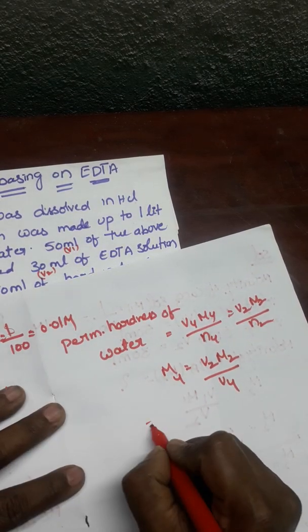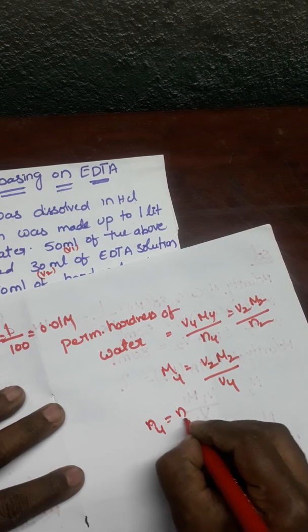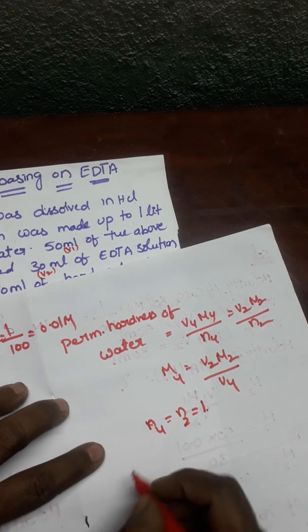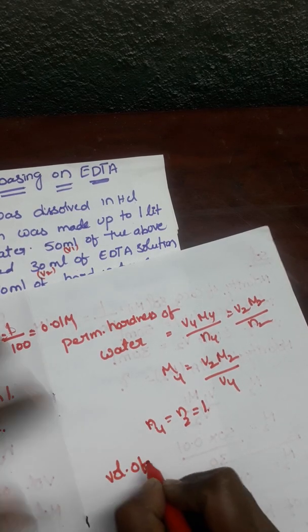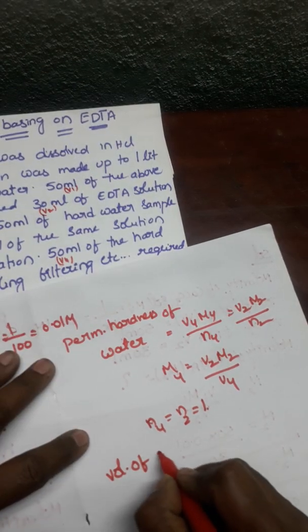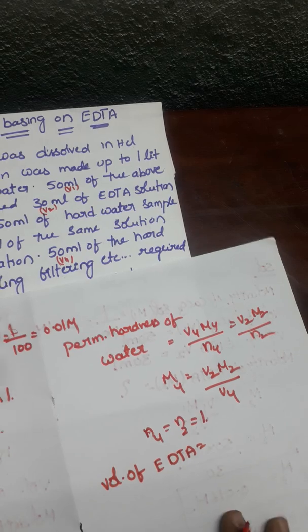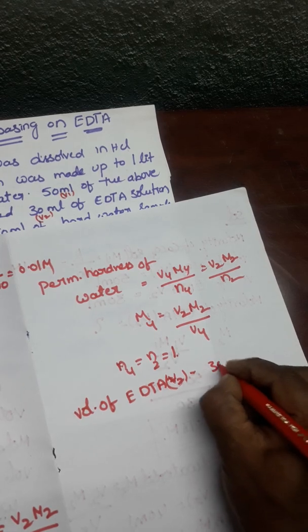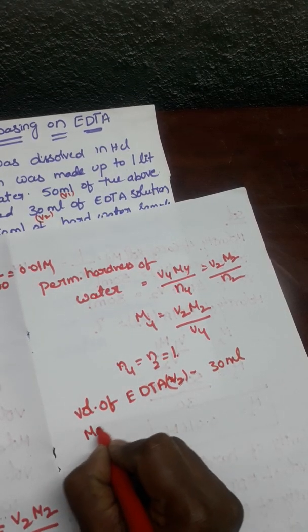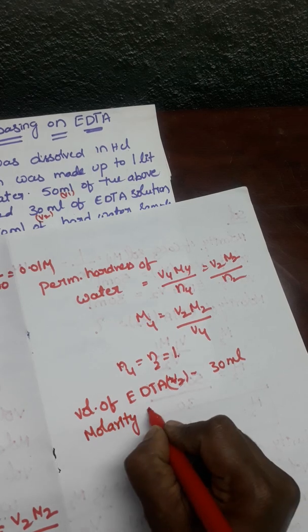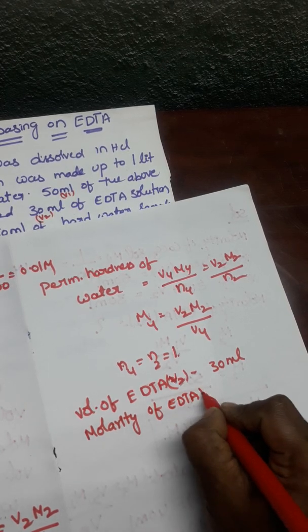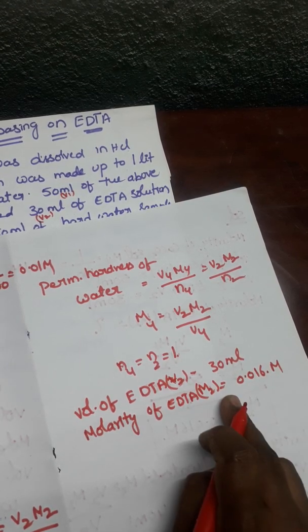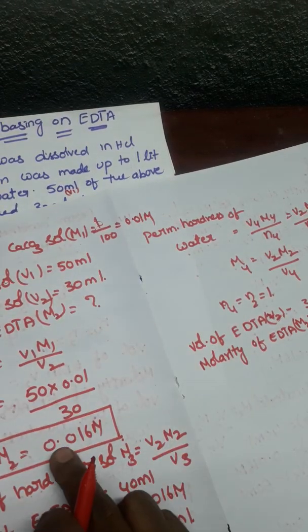Next, here N4 is equal to N2 is equal to 1. From this we calculate the V2 value, that is volume of EDTA. Volume of EDTA V2 is equal to 30 ml and molarity of EDTA M2 is equal to 0.016 molar. Already this M2 we got from here only.